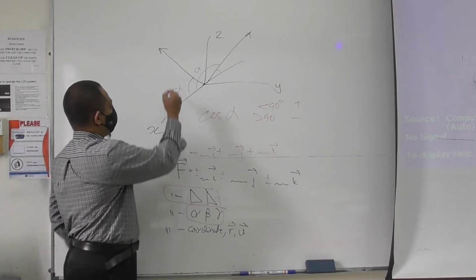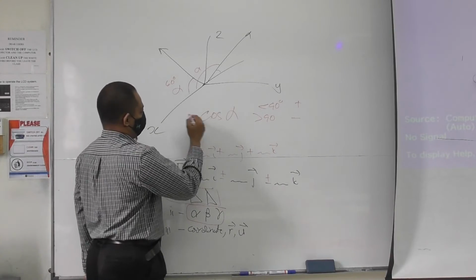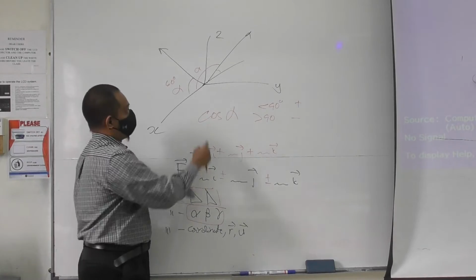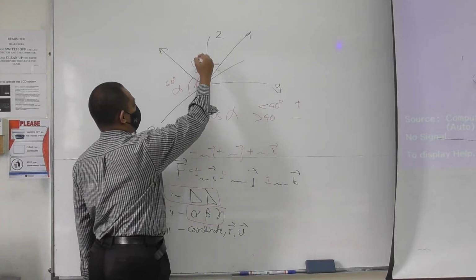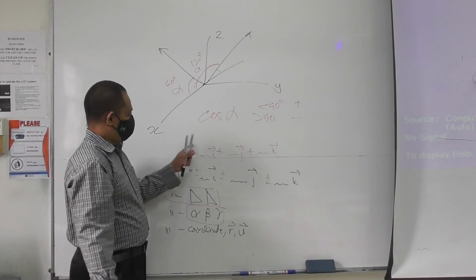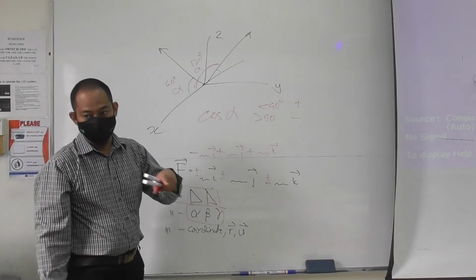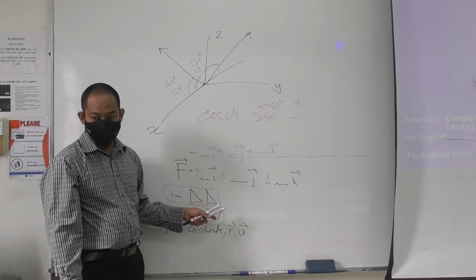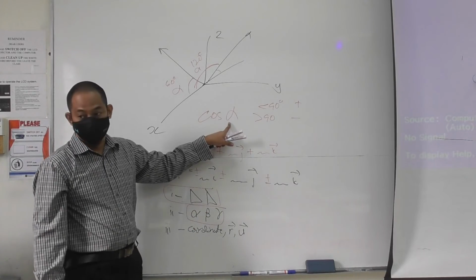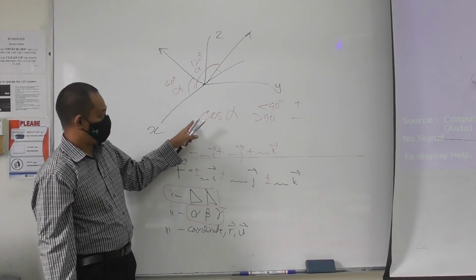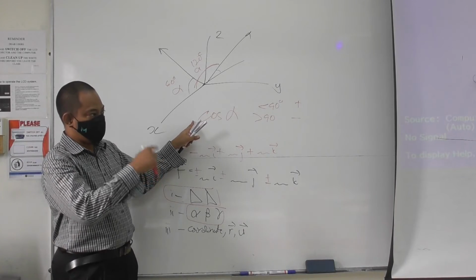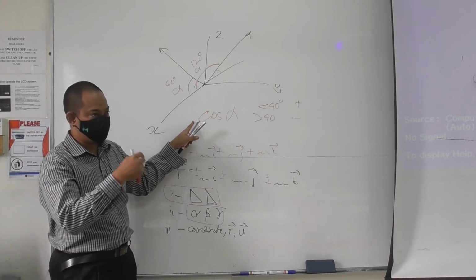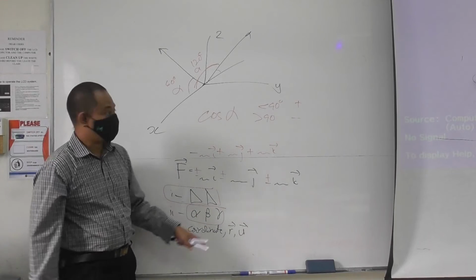For example, if this is 60, you plug in F cos 60, you get something positive. If this is 120, you get F cos 120, you get negative automatically. Do not add another negative there, because then a negative becomes positive, which is wrong. So that's the nature of alpha, beta, gamma, right?